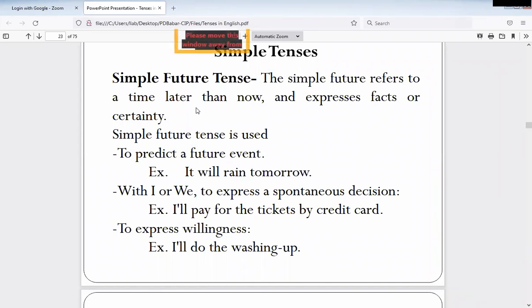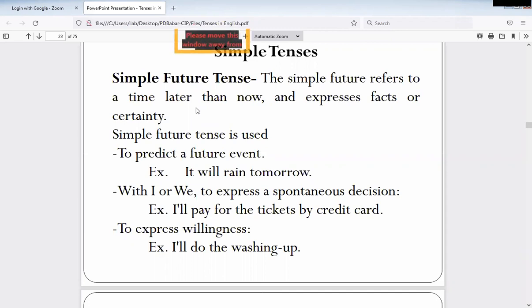Okay, so with I or we, the simple future tense is used to express a spontaneous decision. If I want to say that I will pay for the tickets by credit card, this is a spontaneous decision. I will pay for the tickets by credit card.